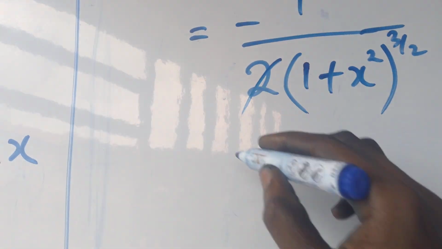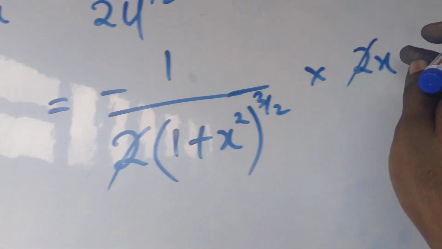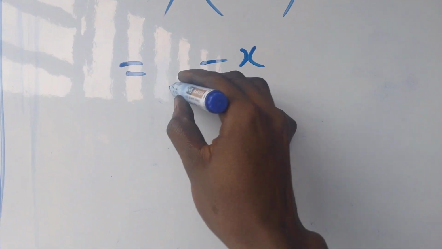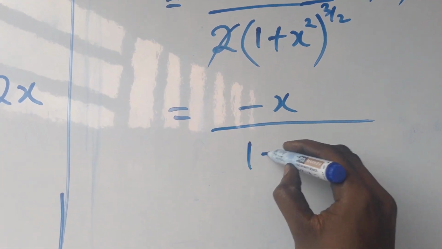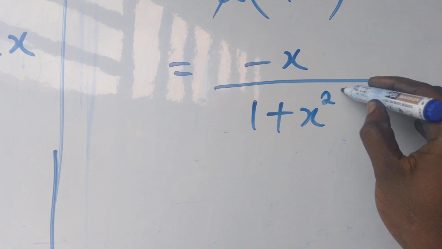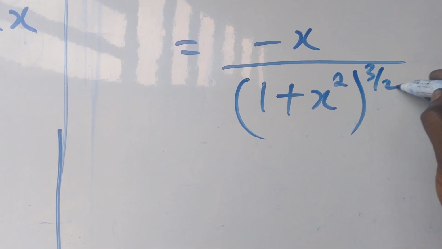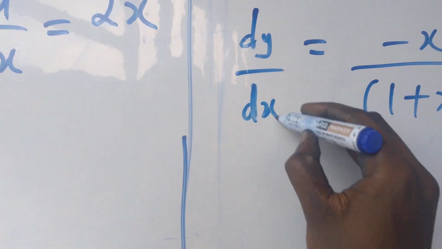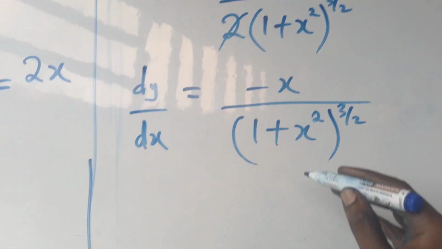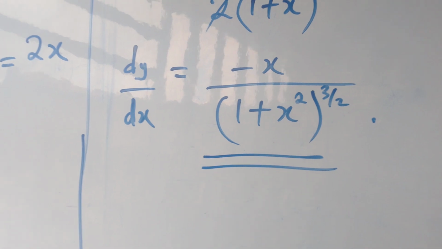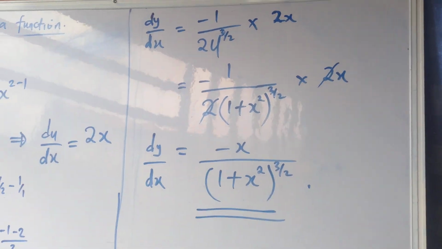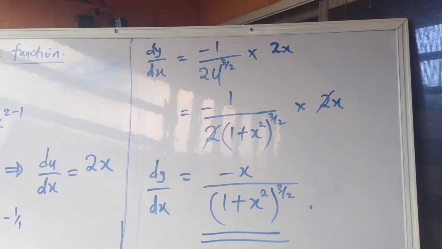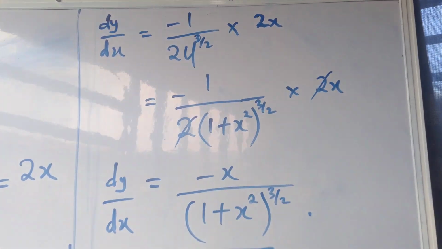So the 2 will eliminate this, and I'll be having minus 1 times x, which gives minus x, all over 1 plus x raised to power 2 all raised to power 3 over 2. This is dy dx. Final answer: dy dx is minus x all over (1 plus x raised to power 2) all raised to power 3 over 2.